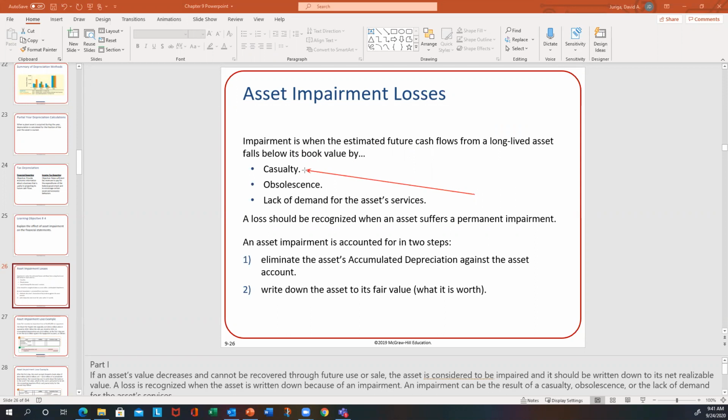This could be because of casualty or obsolescence, a lack of demand. And if this happens, notice you have to actually recognize a loss when this impairment is deemed to be permanent. So there's two steps when you actually have to account for it. You have to get rid of the accumulated depreciation, and then you have to write down the asset to its fair value.